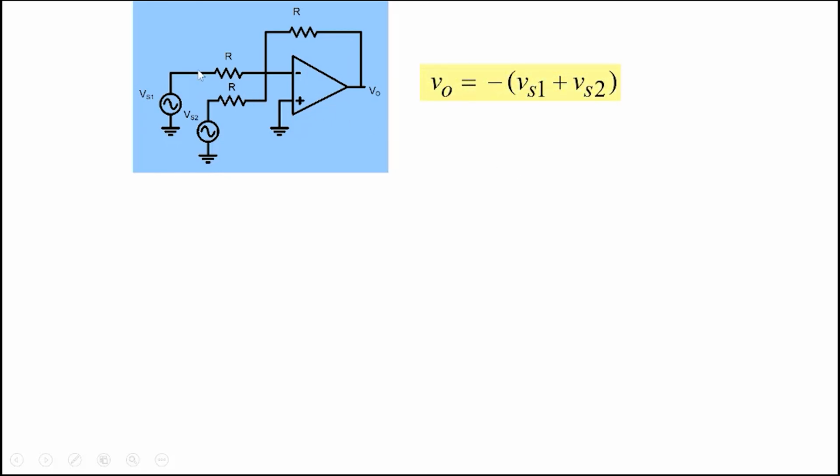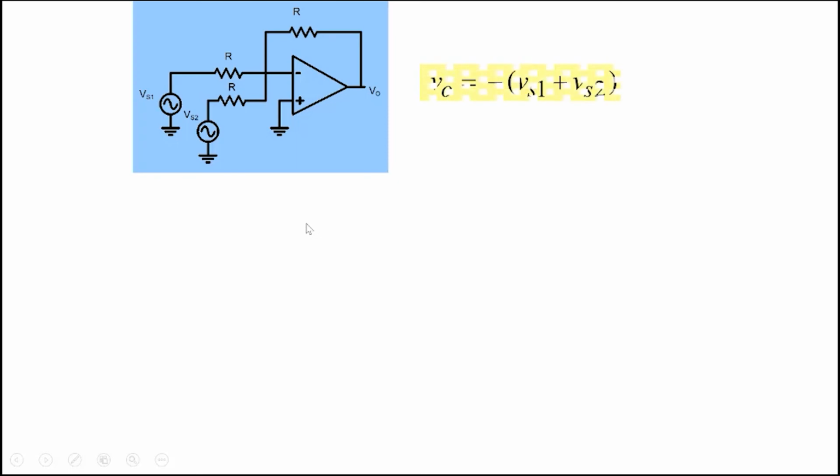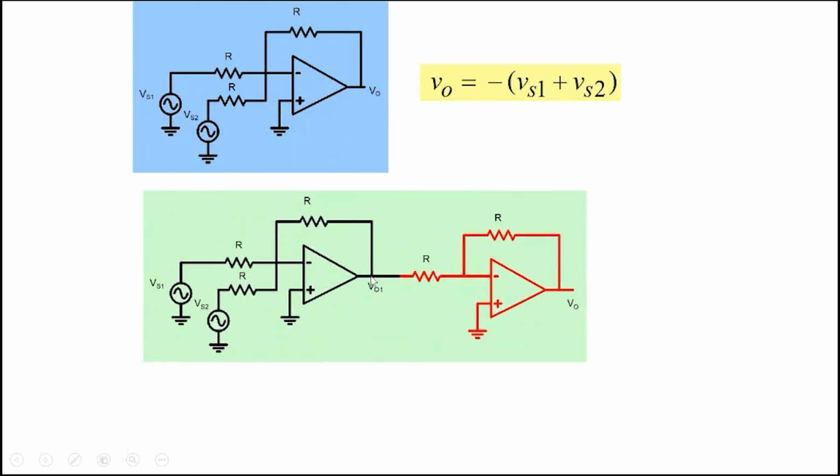So in the previous circuit, when we had this kind of an adder, there was a negative sign. If the negative sign bothers you, we could use this circuit here. But what we can also do is add another stage. So the output here is minus Vs1 plus Vs2, and we can add another stage that will add another minus 1.